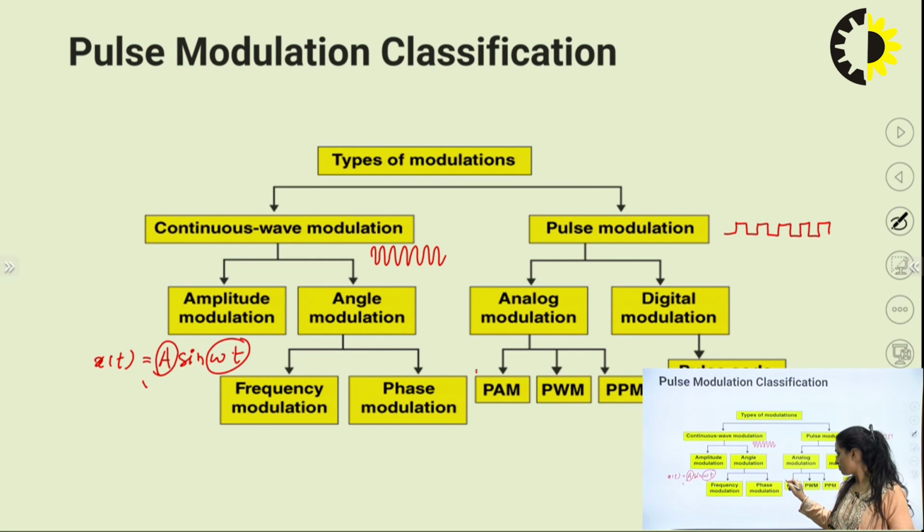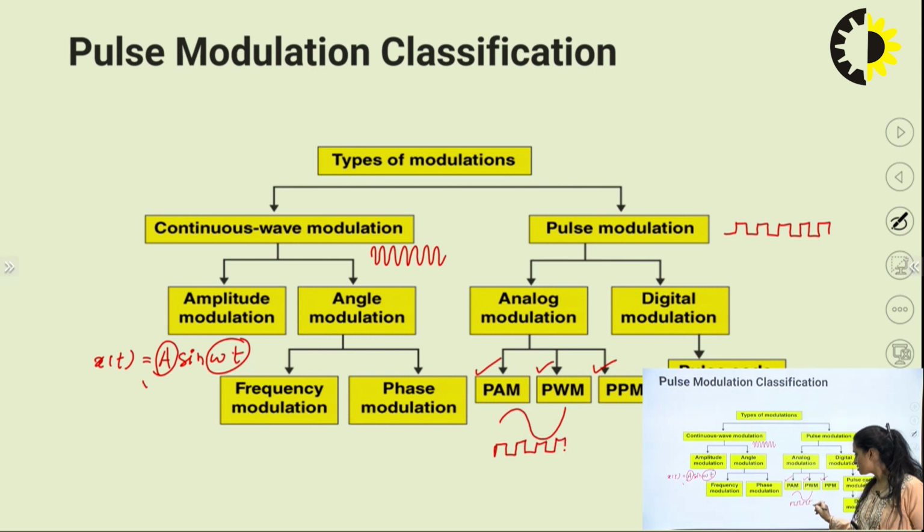We have pulse amplitude modulation, pulse width modulation, and pulse position modulation, which come under analog modulation. And we have pulse code modulation and delta modulation as digital modulation. Here my message signal will be analog in nature and my carrier will be a high frequency train of pulses. So let's take these one by one.